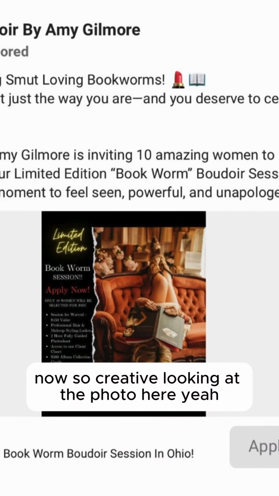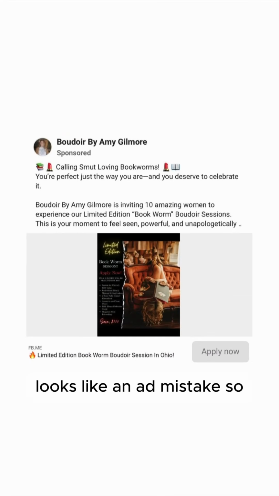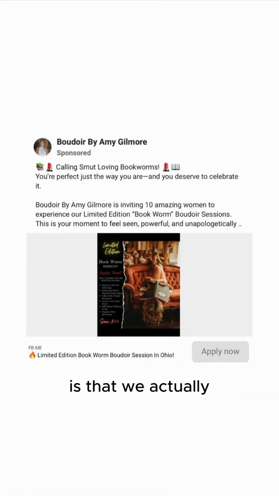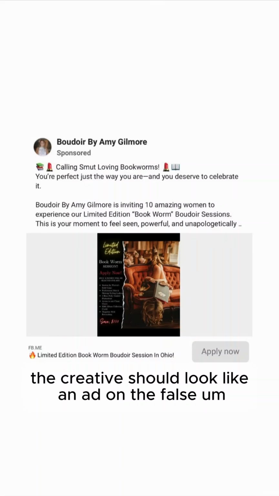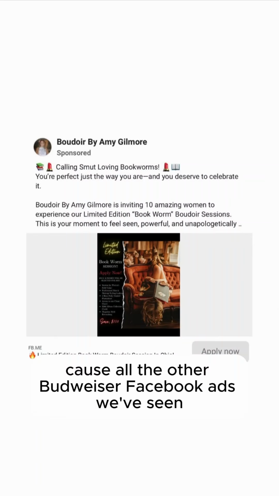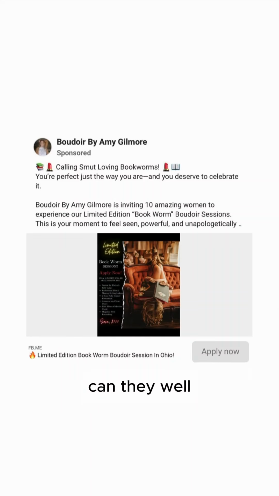Now, creative, looking at the photo here, yeah, we got the looks like an ad mistake. The false belief that causes us to make this mistake is that we believe boudoir Facebook ads should look like ads. The creative should look like an ad. That's because all the other boudoir Facebook ads we've seen, they all look like ads. So everyone can't be wrong, can they?